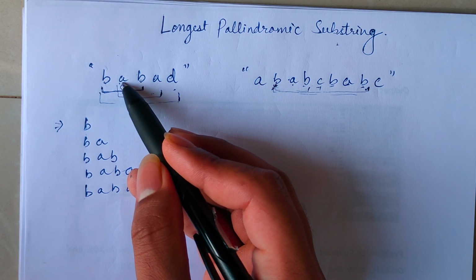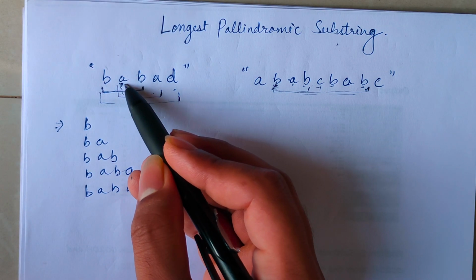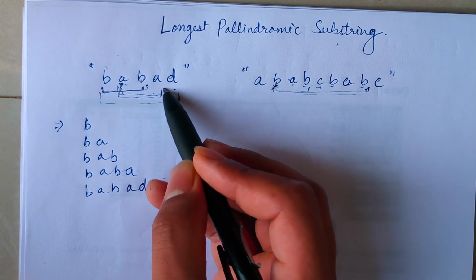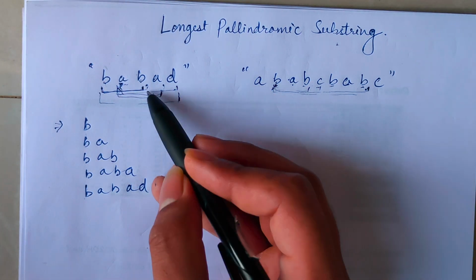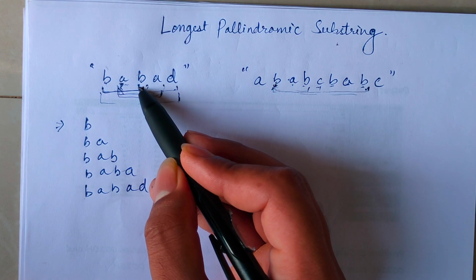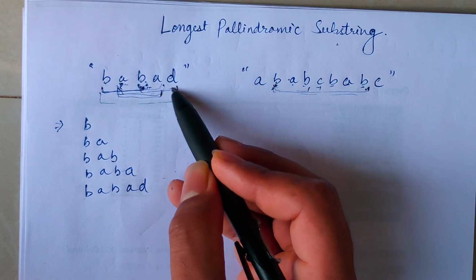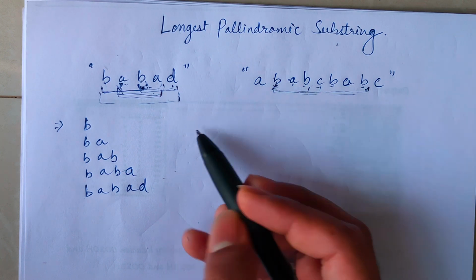Let's have substrings from A. It should be A, AB, ABA, ABAD, right? Then substrings starting from B: B, BA, BAD, right?